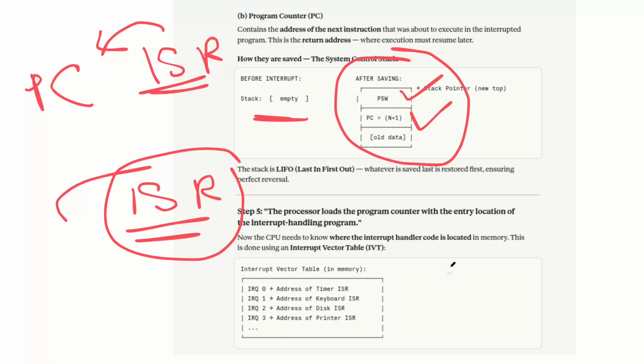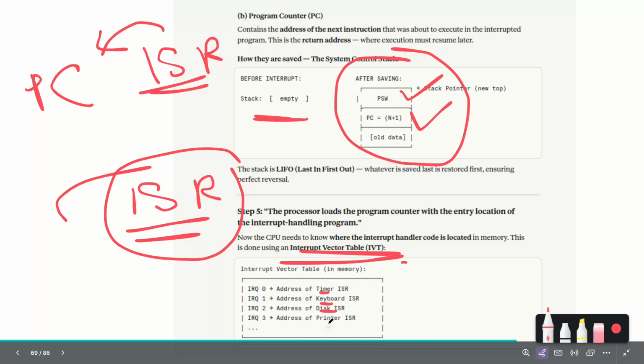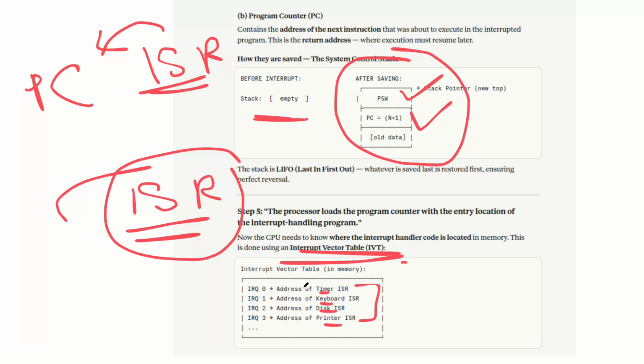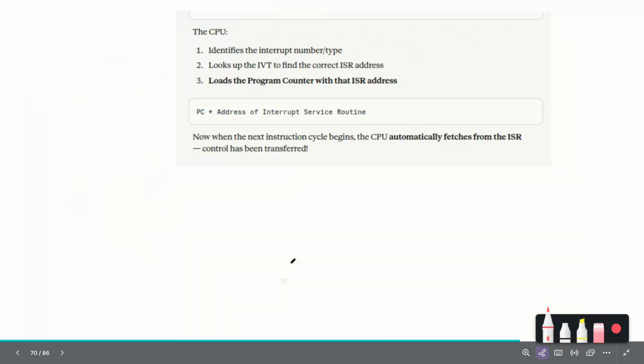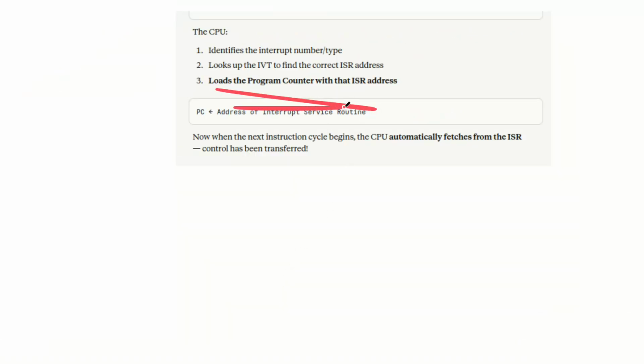But from where can I get this address? From the interrupt vector table. This interrupt vector table contains the address of each device's interrupt service routine, which is present in the main memory. From there I take the required interrupt service routine address and load it into the program counter.